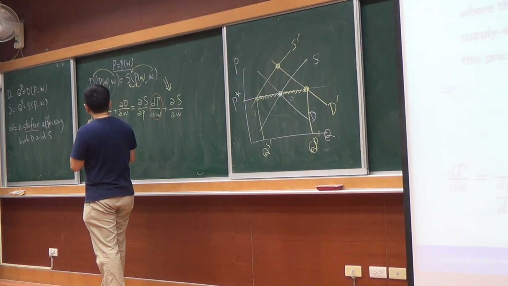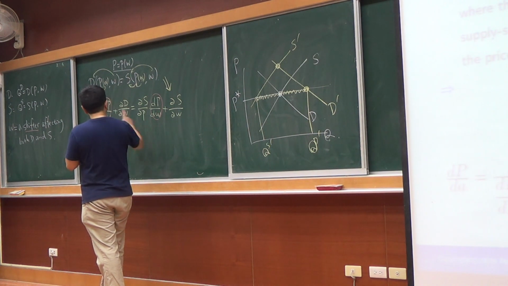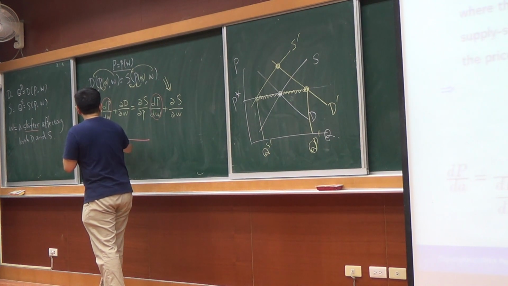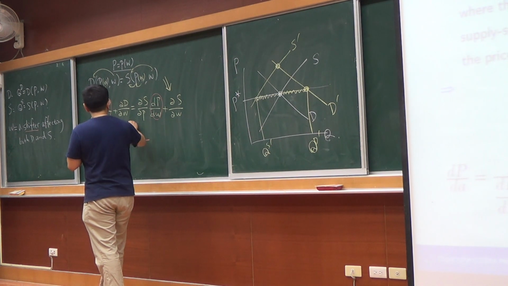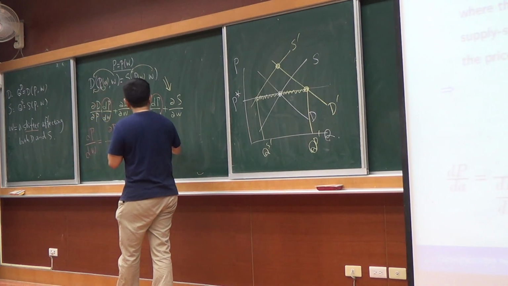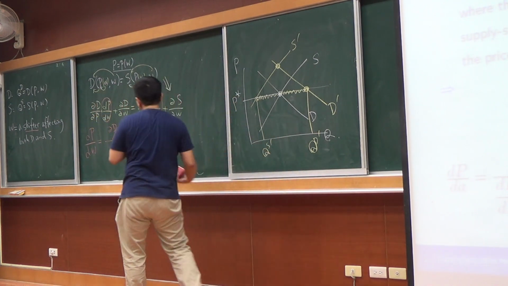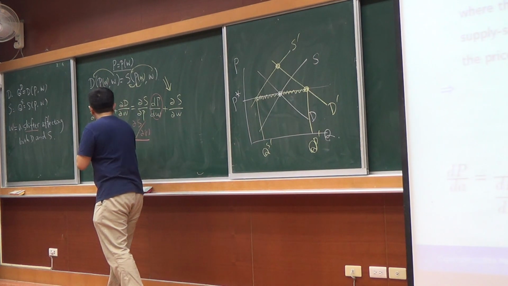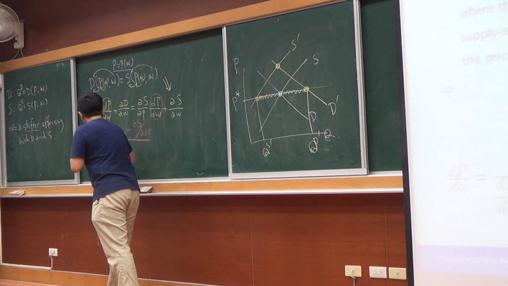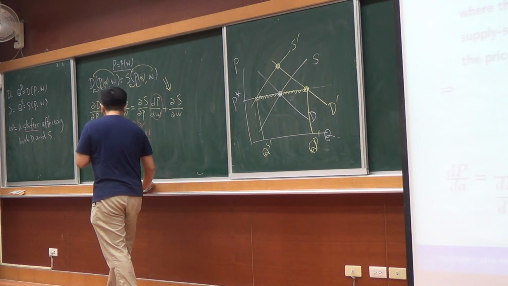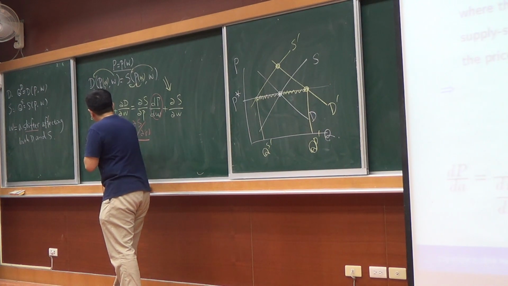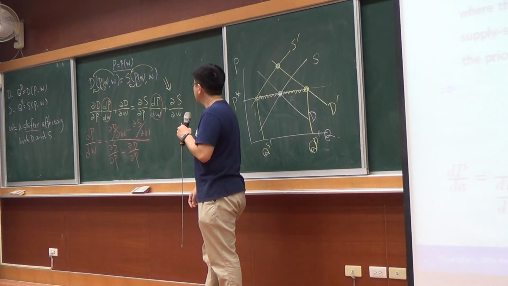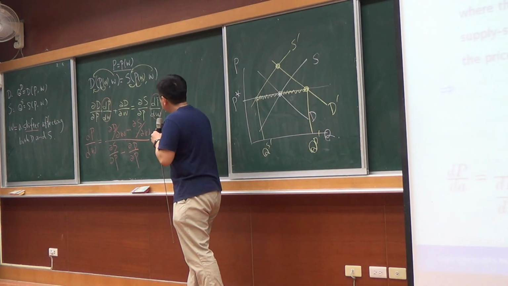So let's move it to the right. Now it would be partial D, partial W, minus partial S, partial W, divided by partial S, partial P, minus partial D, partial P. Not difficult from here to here, right?